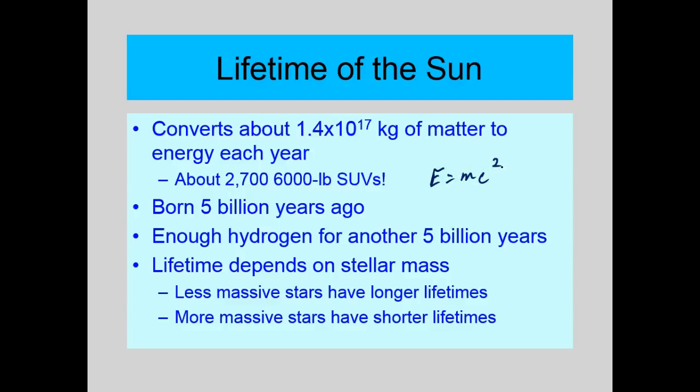Okay? Now, anyone know what m stands for? Mass. Okay? Here's a mass unit: 1.4 times 10 to the 17th kilogram. An enormous amount of mass. Multiply that by c squared. What is c? Does anyone know? I've already mentioned it today once, but I didn't call it c then.